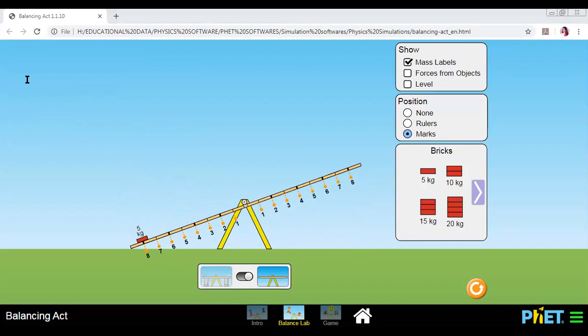The load is 50 Newton. Now I want to lift it by a 20 kg mass, that is, by 200 Newton.